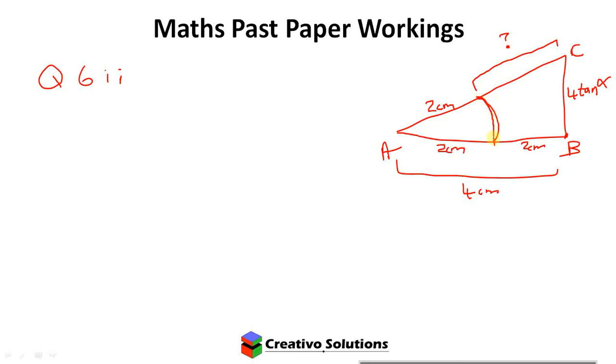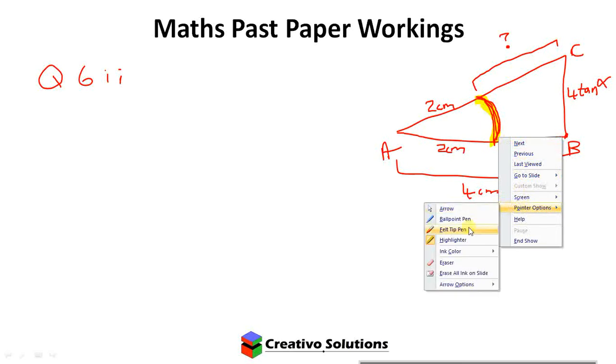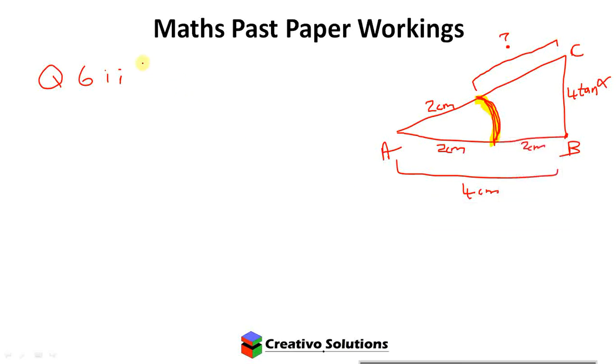Can I get this? Yes, that's the arc length. So let's highlight that. If I highlight the arc length, I can use the arc length formula. Arc length is S equals r theta.